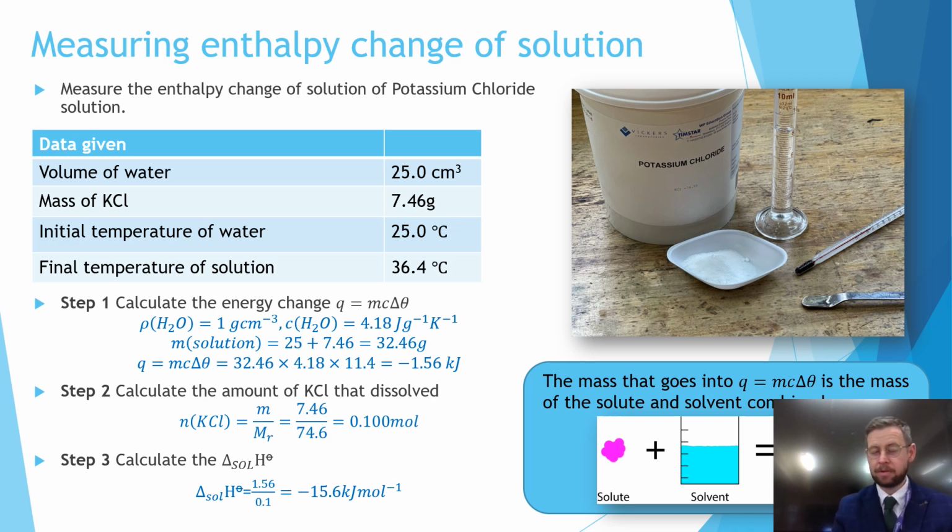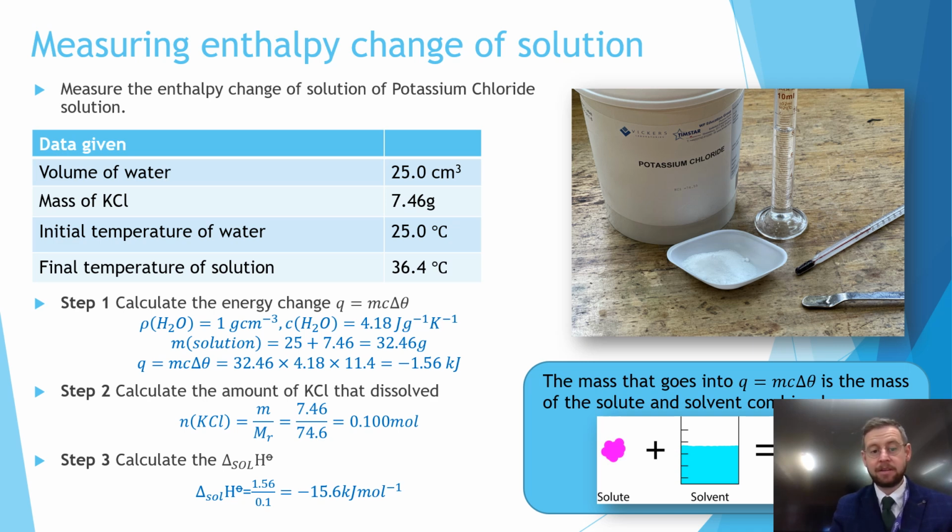But it's very important to realise that it's not just the water that's being heated, so is the crystal itself, and we must add to the mass of the water the mass of the ionic compound. And so in this example, because the mass of the potassium chloride was 7.46, we need to add that to 25 to give a total mass of substance that is heating up or cooling down as 32.46 grams.